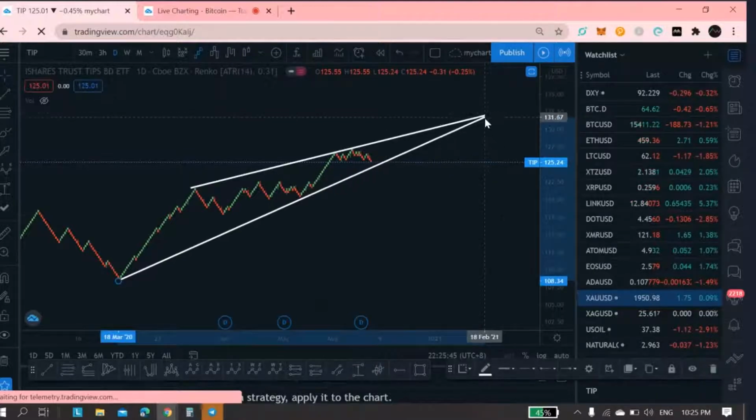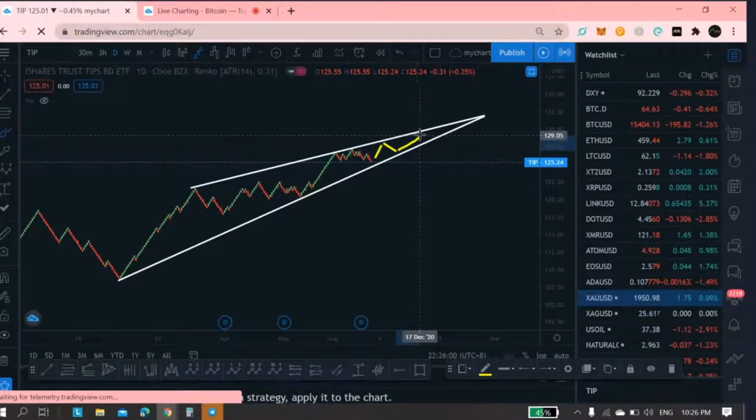So possibly an ascending triangle that could possibly trade within this area before it breaks out, possibly there, or breaks down. So let's see. But for this one, the basic is buy at support and sell at resistance.